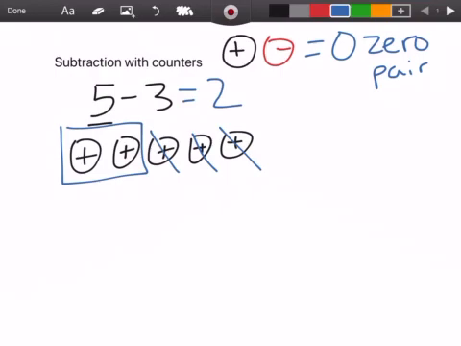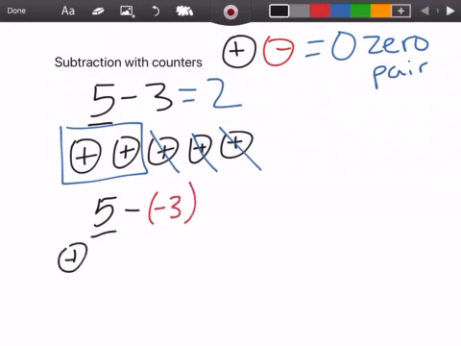Now it gets tricky whenever we are asked to take away something that we don't have. So in this next example, 5 minus a negative 3, I'm going to start again with positive 5. 1, 2, 3, 4, 5. And I'm supposed to take away 3 negatives.